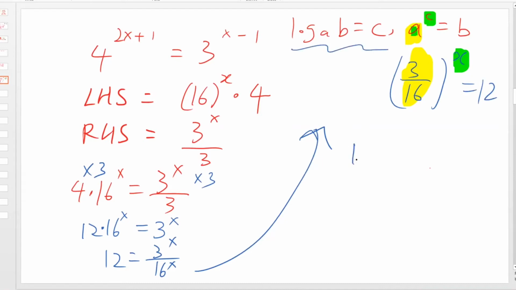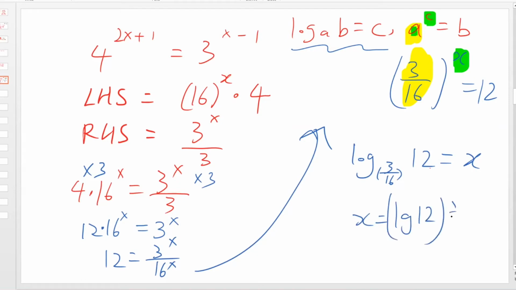So you should get log base 3 over 16. It's good to put a bracket, and the B is 12, and that should give you your x. So how do you punch this into your calculator? x is equal to lg 12 with a bracket, divided by lg of 3 over 16. Make sense?